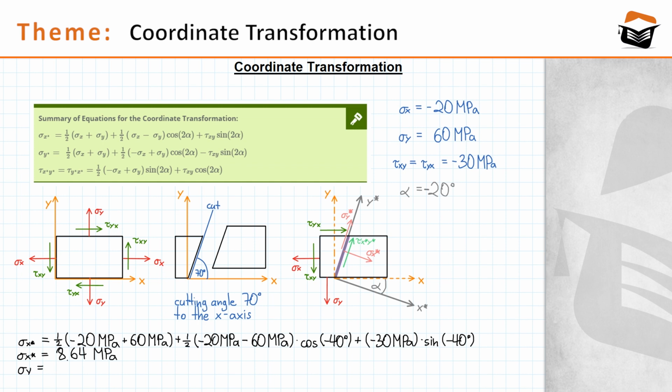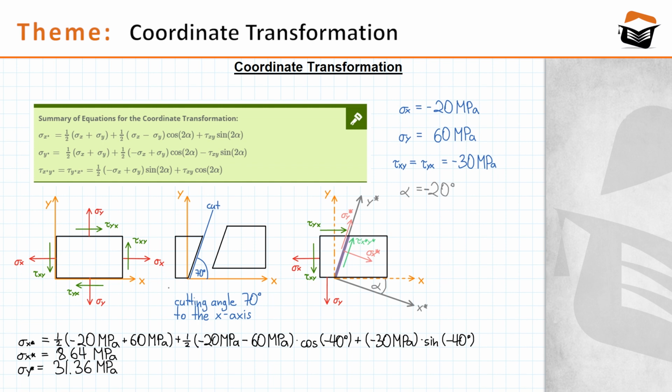So sigma y star, and again, sorry if I sometimes confuse force and stress. That's quite easy to confuse, but you gotta be precise. So sigma y star is equal to positive 31.36 megapascal.